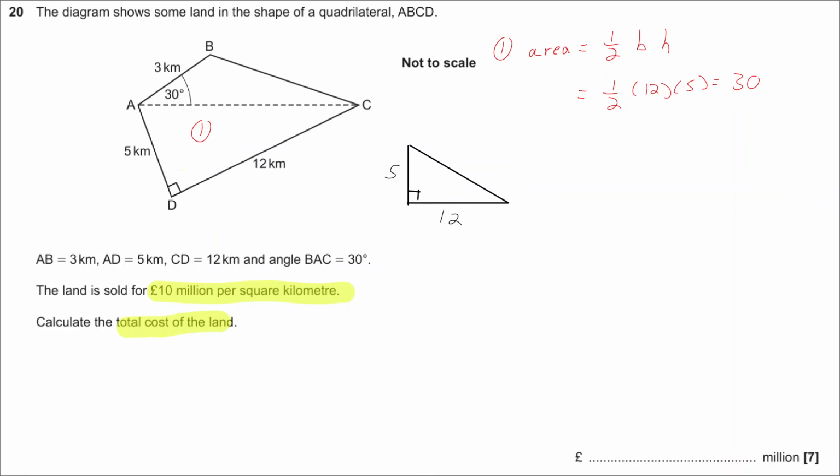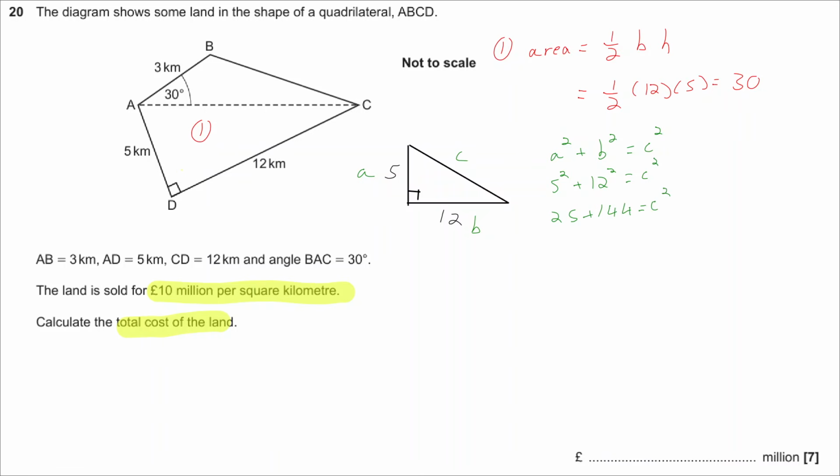Now from Pythagoras, we can get this side here, so side C. A and B are your two shorter sides, so side A and side B. Pythagoras' theorem states that the sum of the two shorter sides squared is equal to the longest side squared, C squared. So it's going to be 5 squared add 12 squared is equal to C squared. 5 squared is 25, add 144 is equal to C squared.